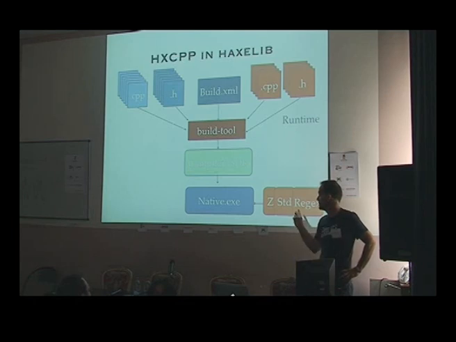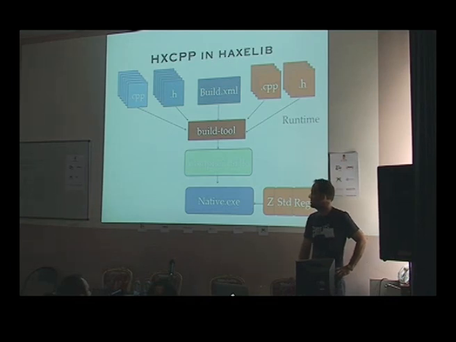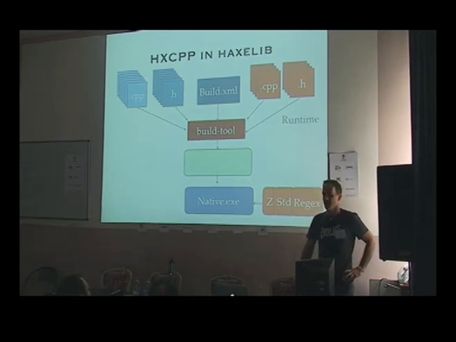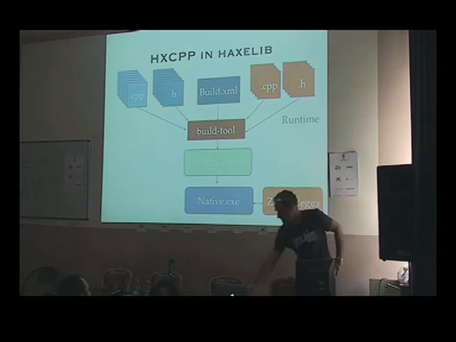There are also native NDLL files, DLL files, that can be used as runtime. The compilers and the SDKs, obviously we don't provide those, but there are many that we do support, and there are plenty of free ones that you can use to work with the CPP compiler.